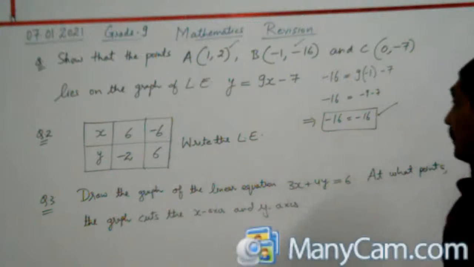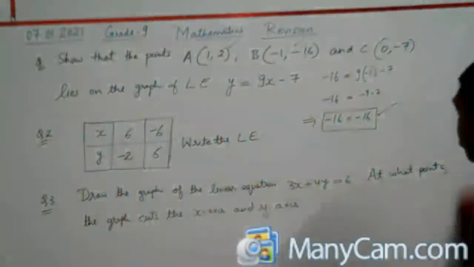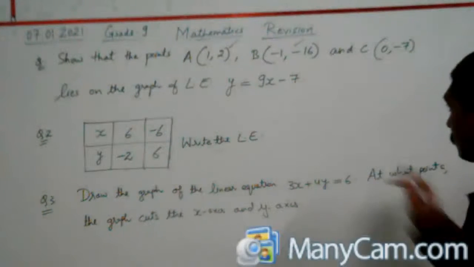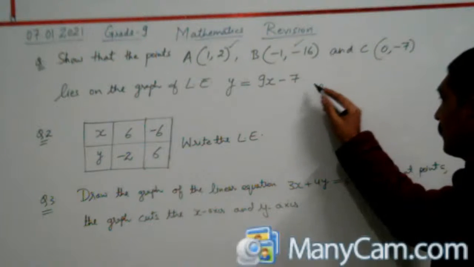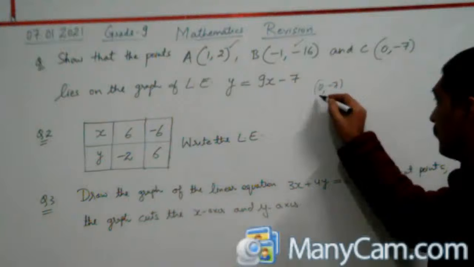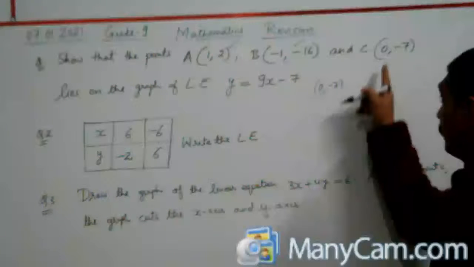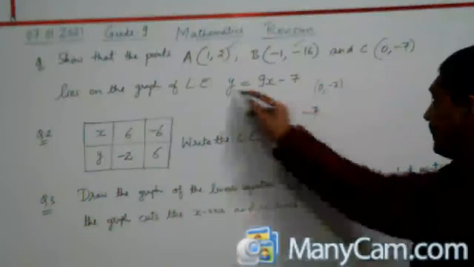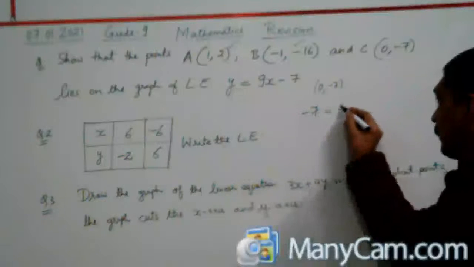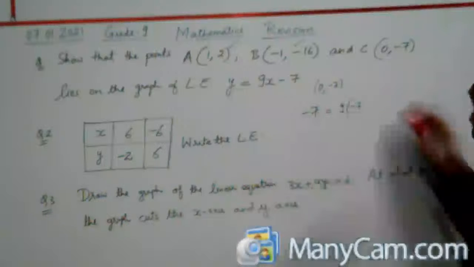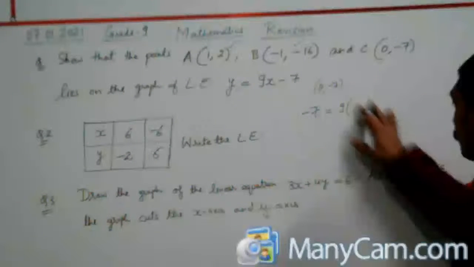The third one is 0, minus 7. So here x is 0, y is minus 7. Sorry, x is 0 only, and y is minus 7.